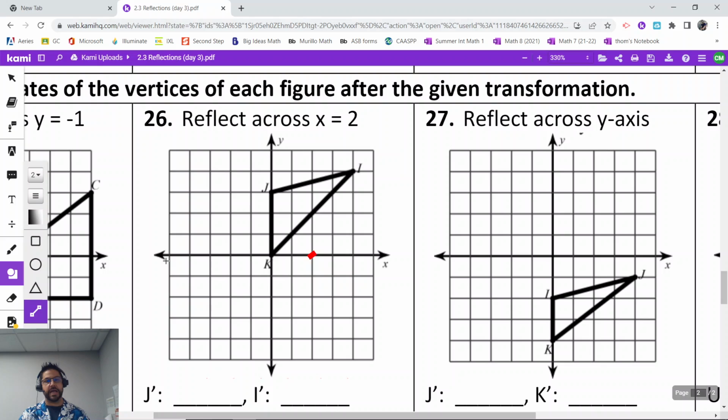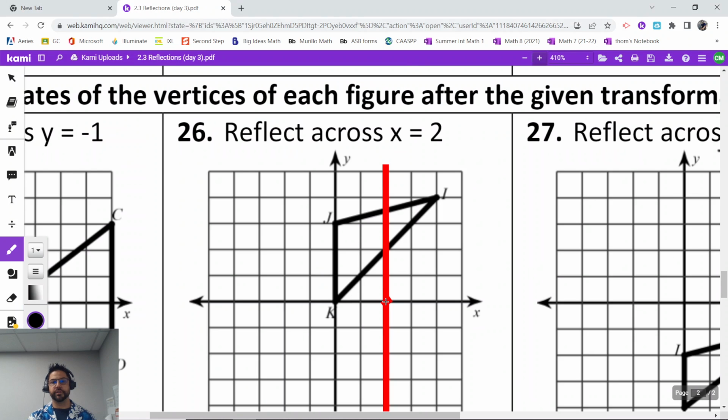And then again, we're just going to go ahead and count and reflect on the other side. So let me zoom in a little bit. So let's see, K, that's going to be 1, 2, 1, 2. That is K prime. J, that is 1, 2, 1, 2.